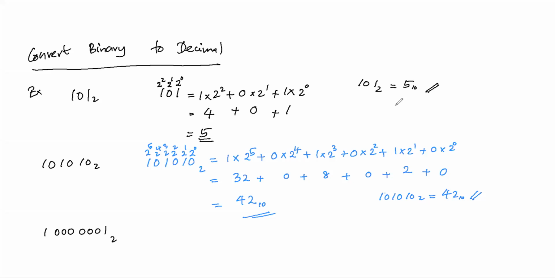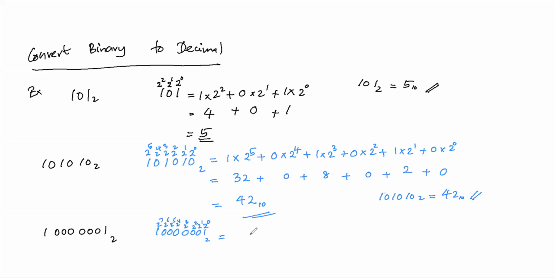Right? Okay, so we have 10000001 base 2. Let's put the weighting factors first. This is 2 to the power 0, then 2 to the power 1, 2, 3, 4, 5, 6, 7.